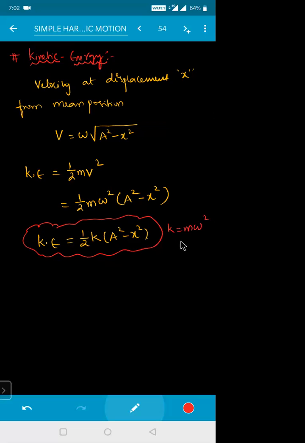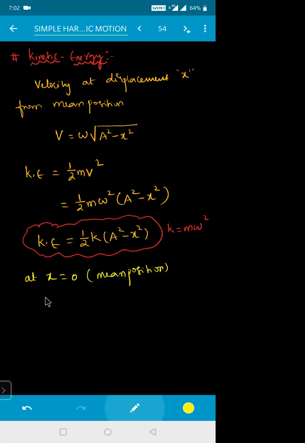Now tell me, at the mean position, what is the velocity? What is the kinetic energy, beta? At x is equal to 0, which means the mean position, x becomes 0. A square minus 0 is nothing but a square only.